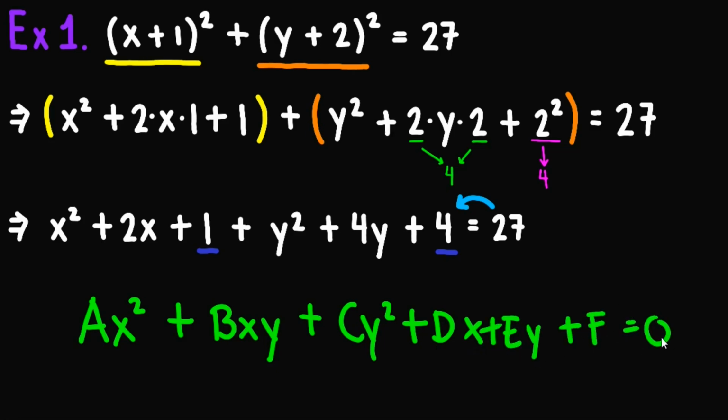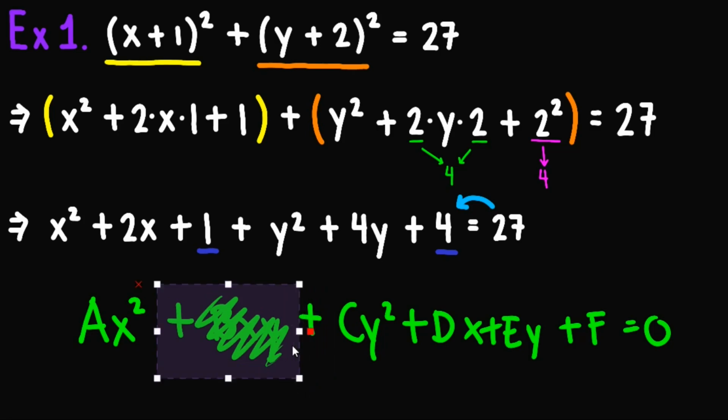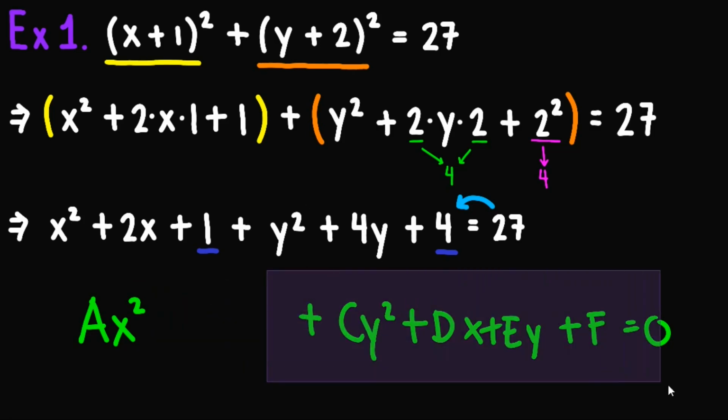So one side of the equation is 0, and every other term is on the left side. Moreover, we won't really be needing xy out here in circles, so we can disregard that one. And so we have this.